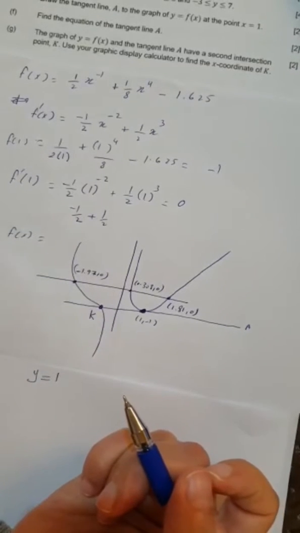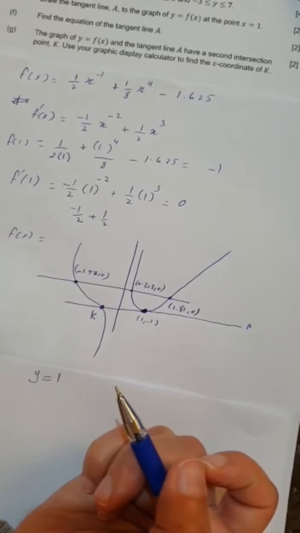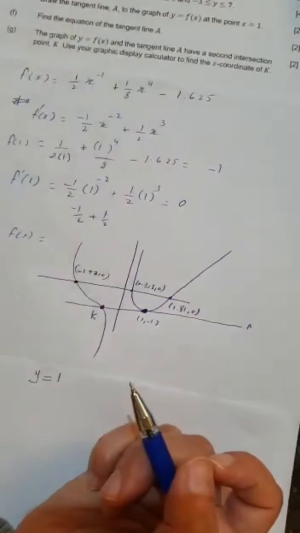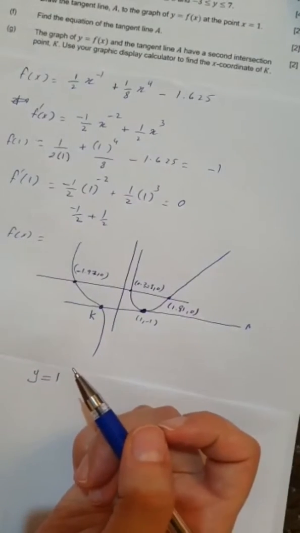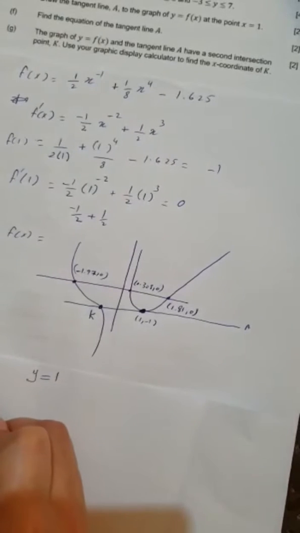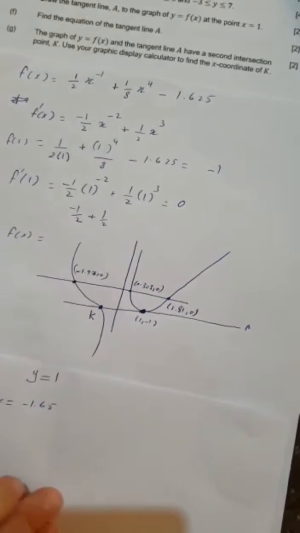Okay, use your graphing display calculator to find the x-coordinate of this point. So to find the x-coordinate, I need to use the graphing calculator, and I'm going to get that it's passing through this point, which in this case is K equal to negative 1.65. And this is what we need to find in this question.